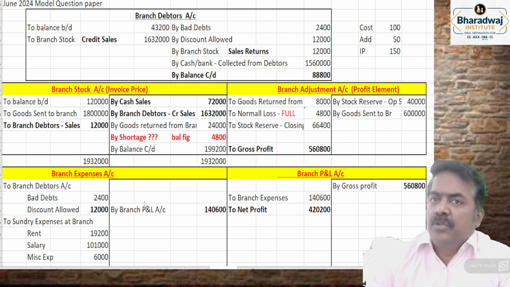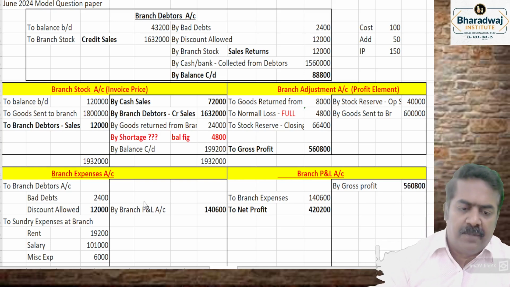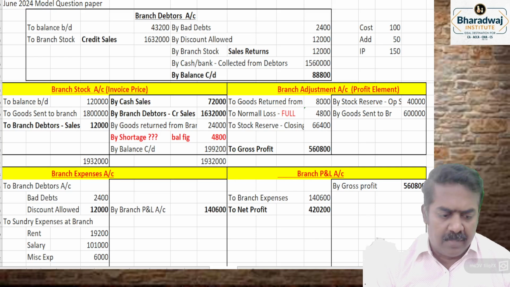First, prepare which account for that question? Debtors account, branch debtors account. You will get cash collection as a balancing figure.